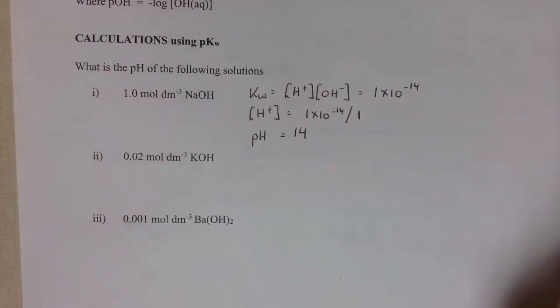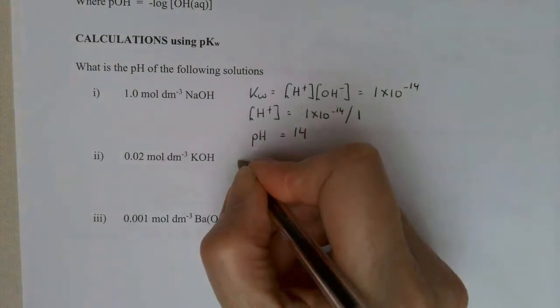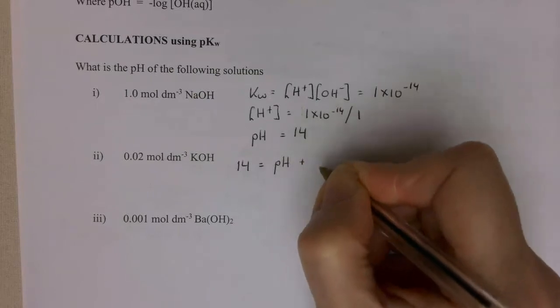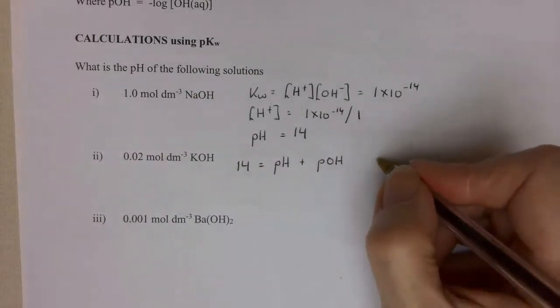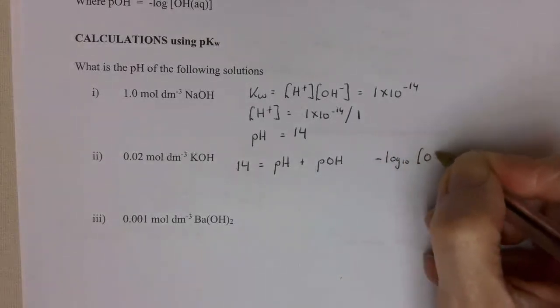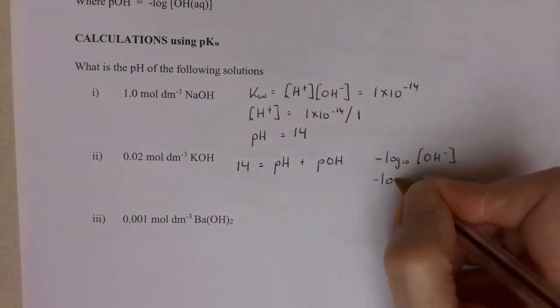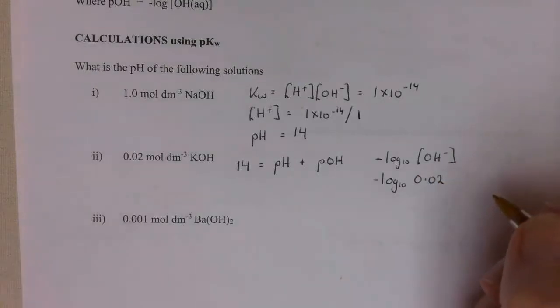The other way is to say that pKw, in other words 14, is equal to the pH plus the pOH. Now pOH is simply minus log to the base 10 the concentration of the hydroxide ions, which in our case is minus log to the base 10, 0.02.